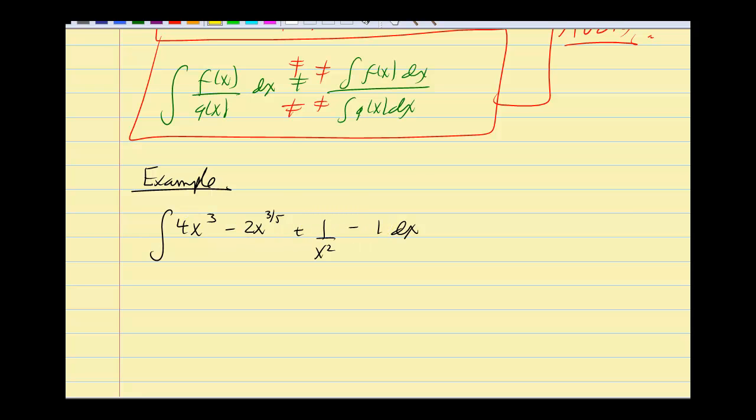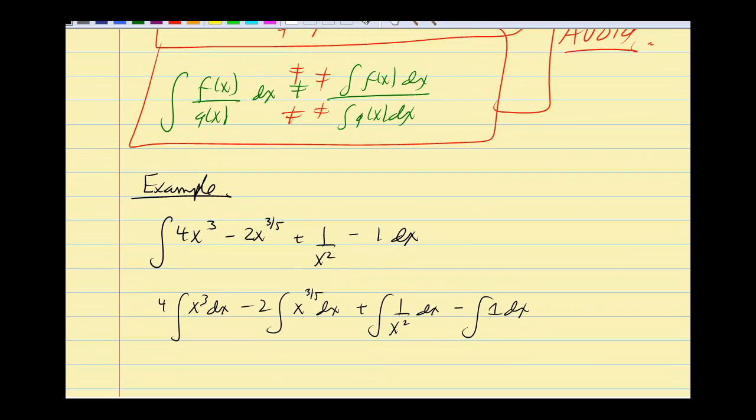So I can split this up into separate integrals. This 4x cubed, I could also pull the 4 out front. 4 integral x cubed dx minus 2 integral x to the 3/5 dx plus the integral of 1 over x squared dx minus the integral of 1 dx.